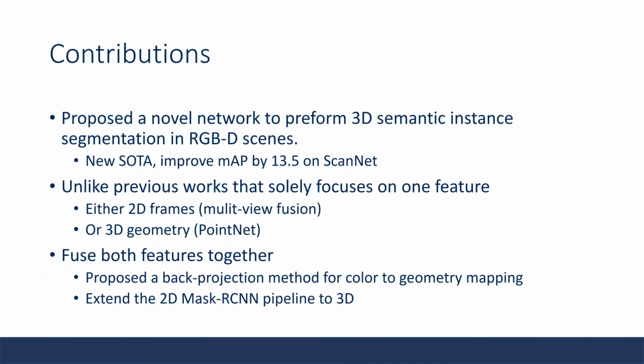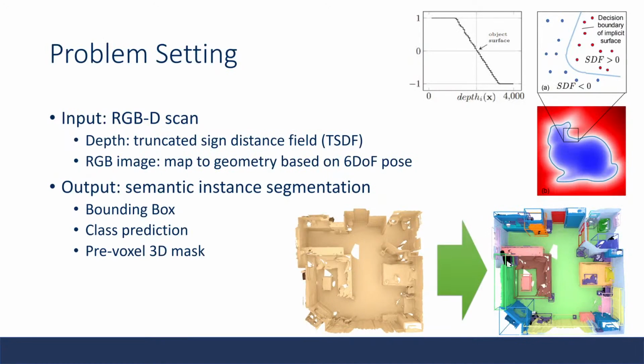The problem setting here: the input is an RGB-D scan, the depth will be a truncated SDF, and there can be multiple images associated with it, each with its own camera pose. The output is the bounding box, the class prediction, as well as a per-voxel 3D mask.